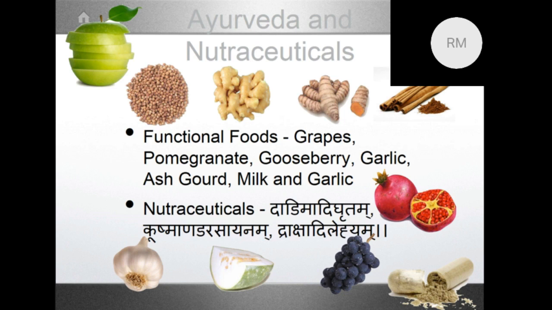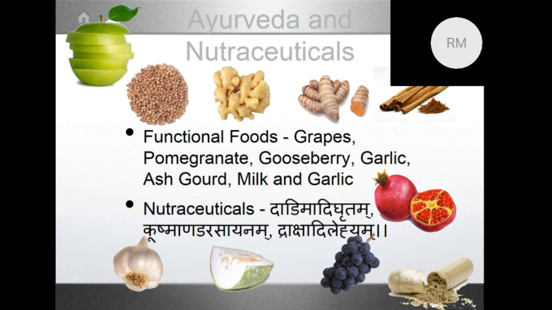And then there are some nutraceuticals. I'm sorry, there's some Sanskrit here. The nutraceuticals are specific formulations which are derived from food substances, but they are formulations. So pomegranate, as you can see from the picture, there are some specific nutraceutical foods in Ayurveda which are called formulations, but which can be considered as nutraceuticals.